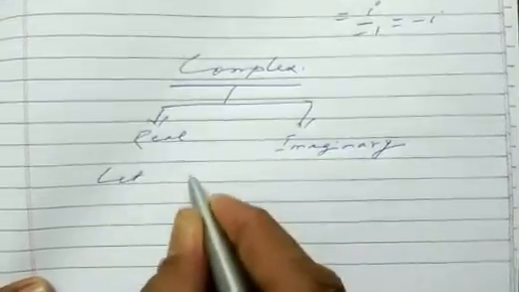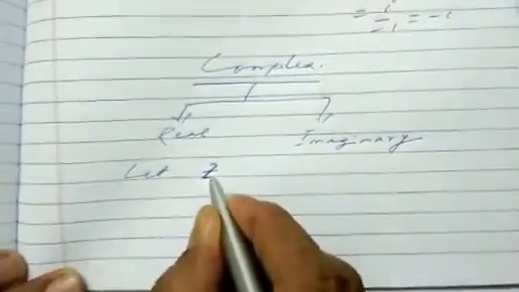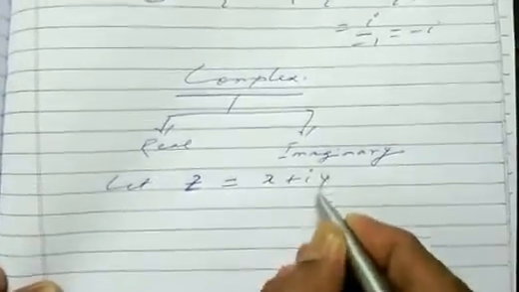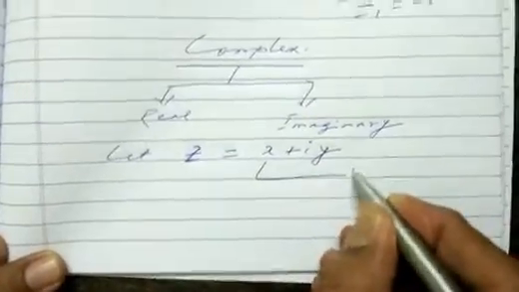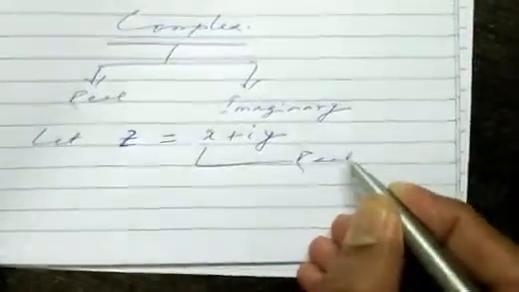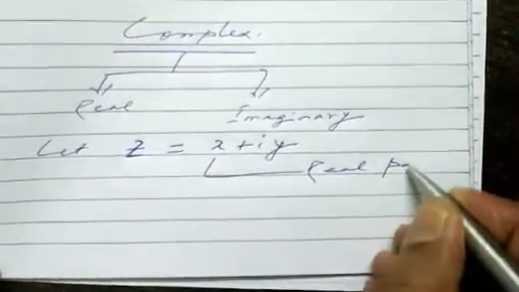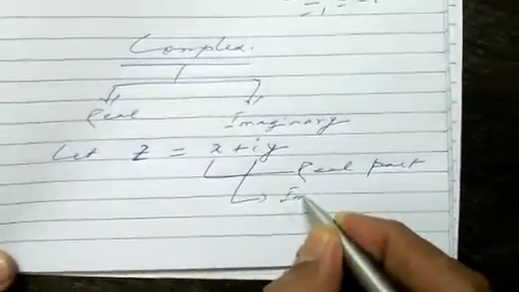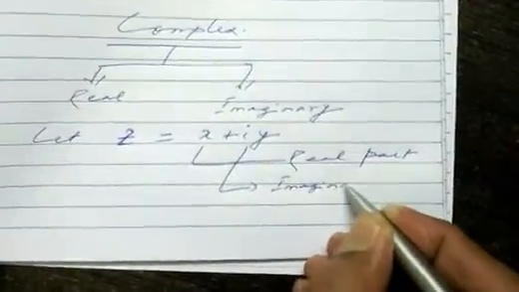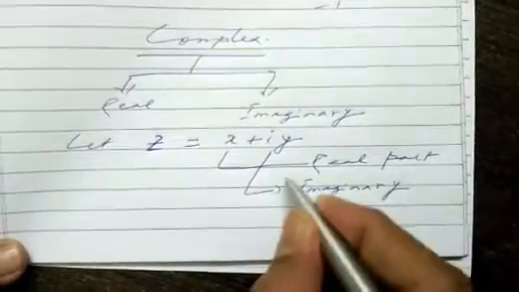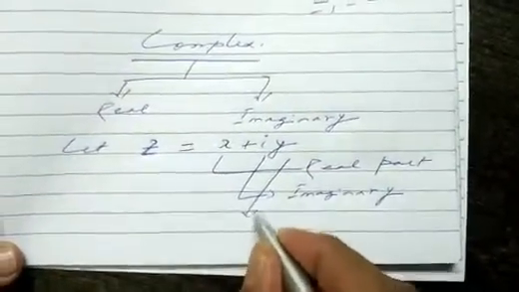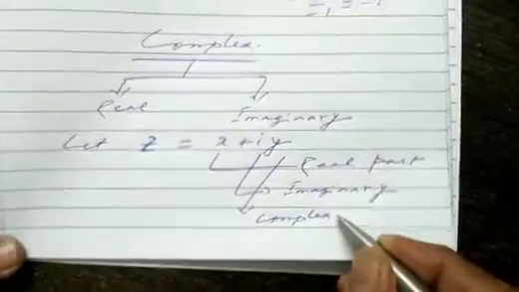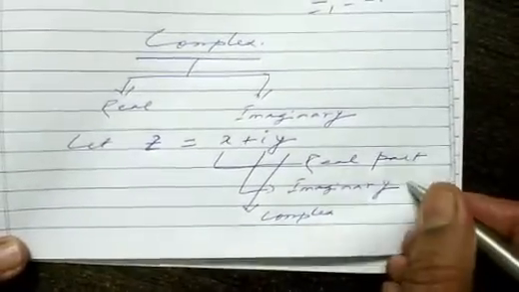Let z be our complex number, z is equal to x plus iy. That's a combination. This one is the real part, and the other one is the imaginary part, and clubbing these two together, this will be the complex number. Why is this second part imaginary?